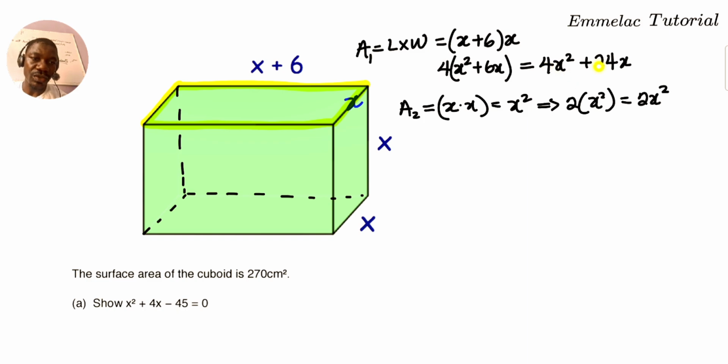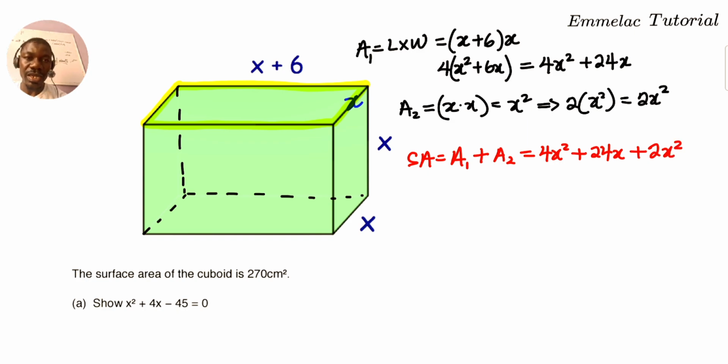So the surface area of the cuboid will now be the total sum of the surfaces. The first 4 surfaces are given by this, and the second 2 surfaces are given by this. So all we need to do is to sum them together. The surface area equals area 1, which is made up of 4 surfaces, plus area 2, which is made up of 2 surfaces, which gives us 4x squared plus 24x, plus 2x squared.